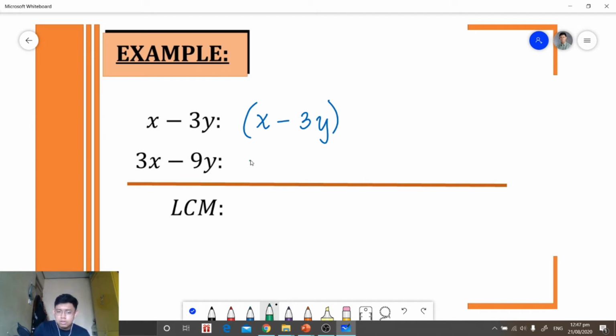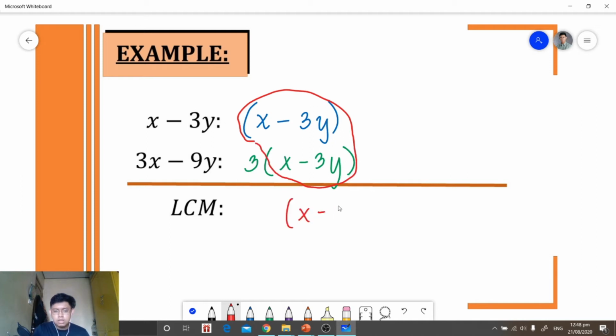So the factors will be 3 times x minus 3y. And then we get the common factor. The common factor is x minus 3y. And then we will copy the other factor, which is positive 3. And that will be our least common multiple.